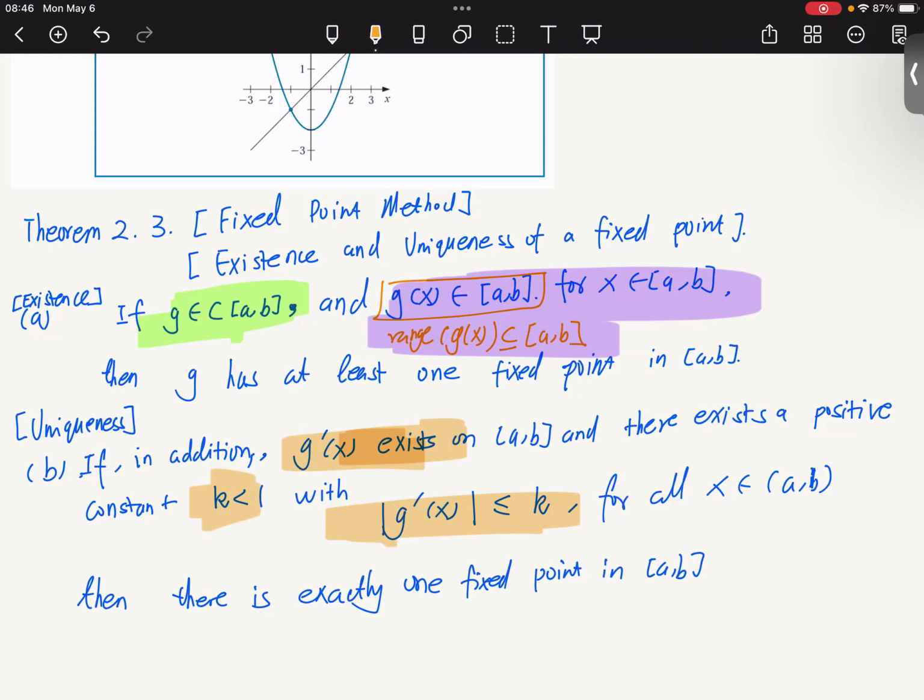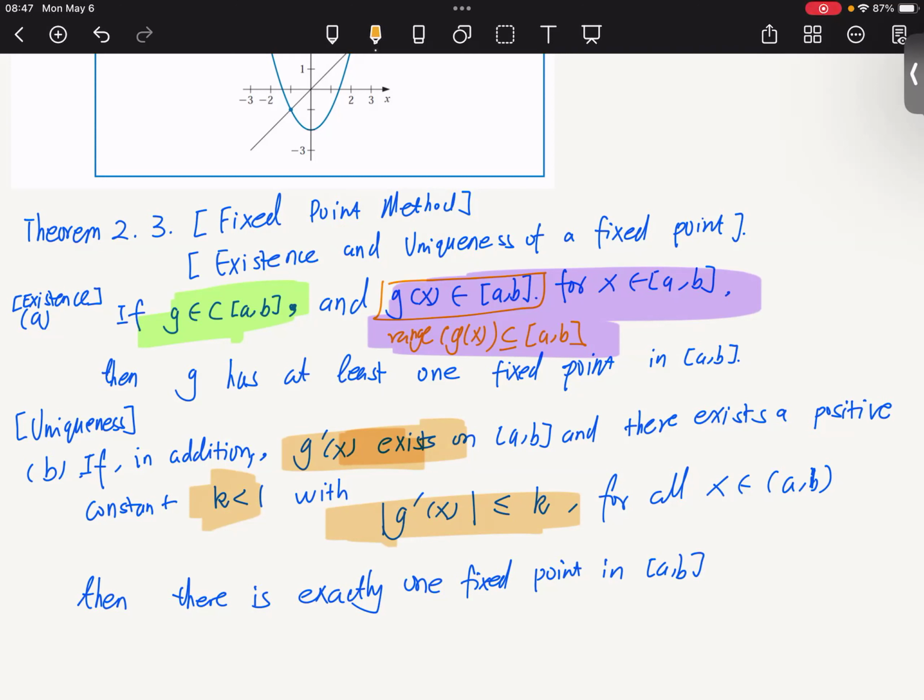There are several conditions on the G function, and this is quite important. It means that the derivative exists, because sometimes the derivative does not exist. Let me give you one example. This is a typical case.